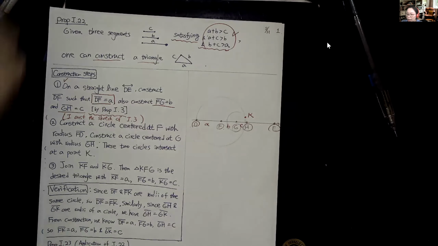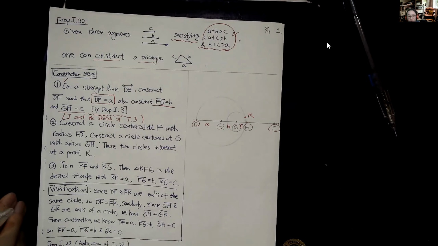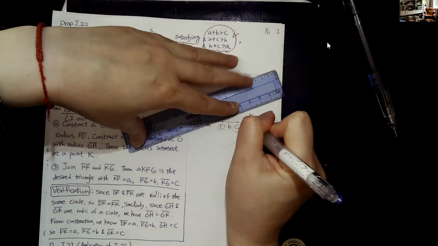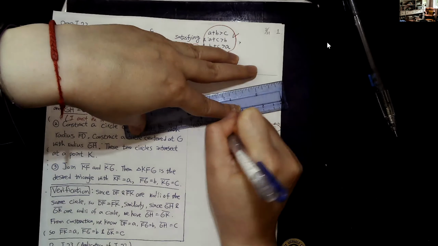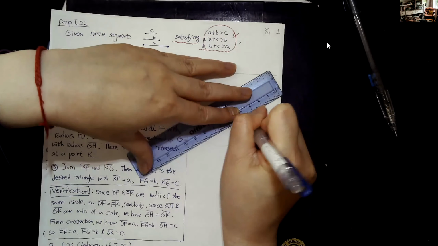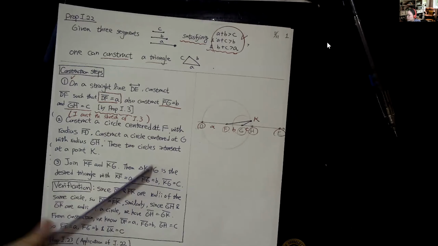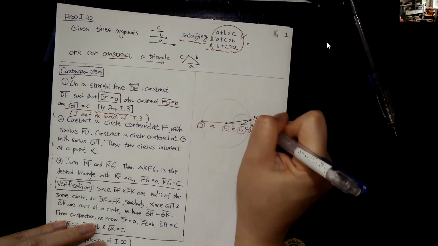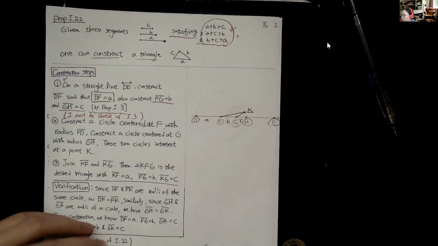Now the third step, I'm going to join KF and KG. Then I claim that this triangle KFG is the one I want.